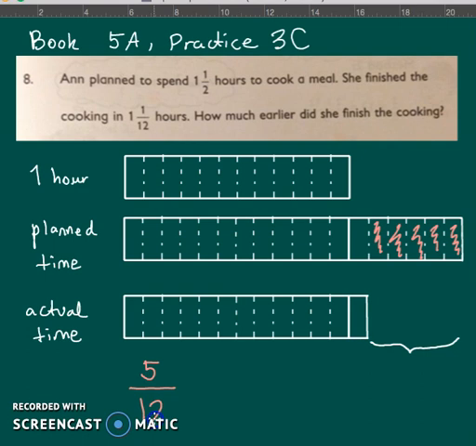So she spent 5/12ths of an hour less than she intended to. In other words, she finished the cooking 5/12ths of an hour earlier than she planned.